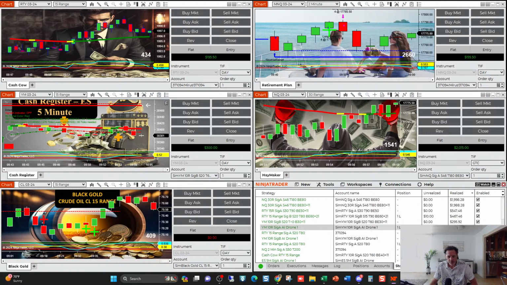Sometimes with these drones, this is really where I figured out the whole 4-to-1, 5-to-1 ratio and how well it works. I was creating these drones a month or two ago when we started this new development, and some of these strategies that were set at 50 ticks of stop and 250 ticks of profit, or 200 ticks of profit, were making huge money.